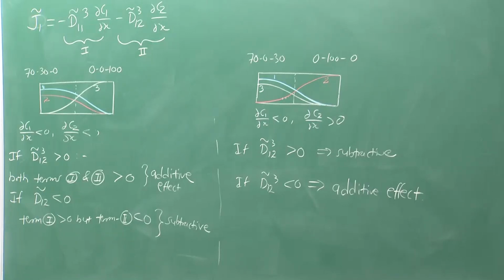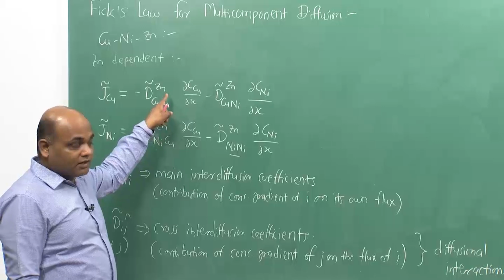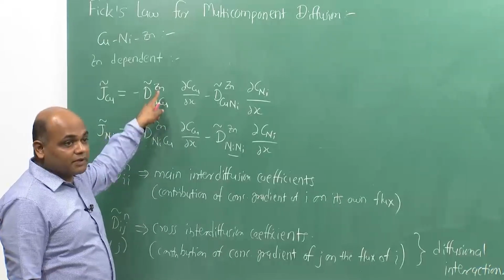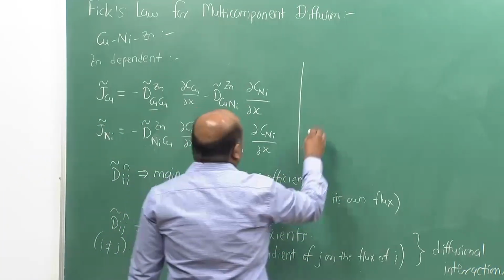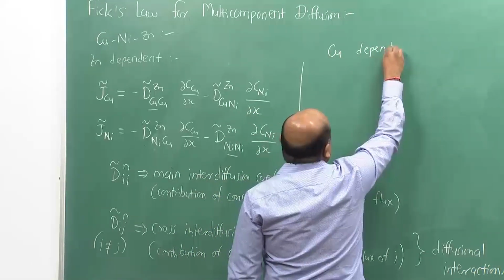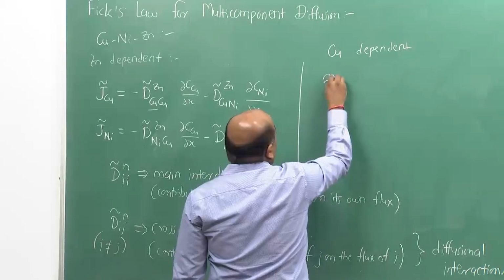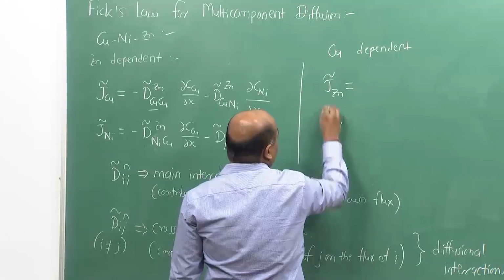So now here we have expressed the fluxes of copper and nickel with zinc as the dependent component. Now I can very well write these equations with copper as the dependent component. Then the two independent fluxes will be zinc and nickel.